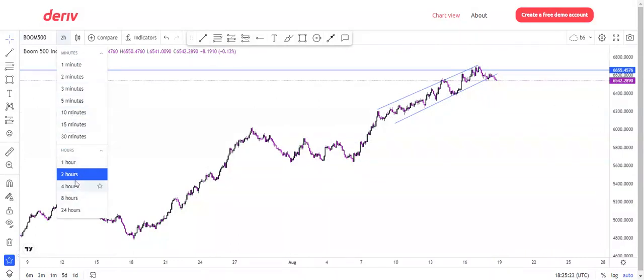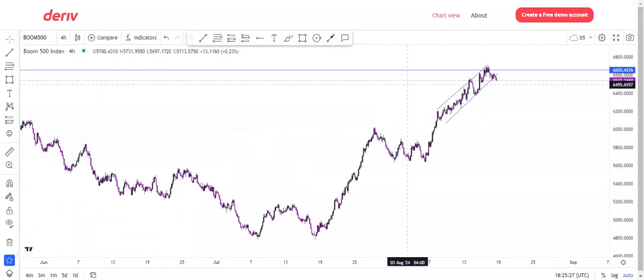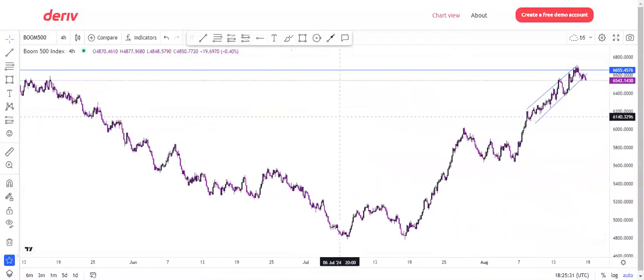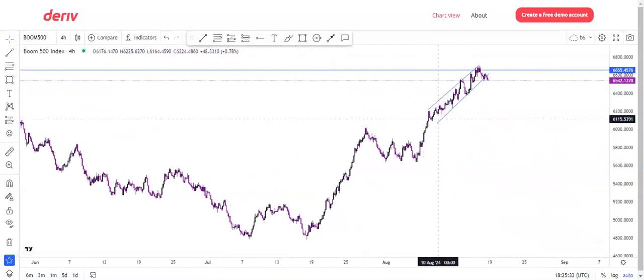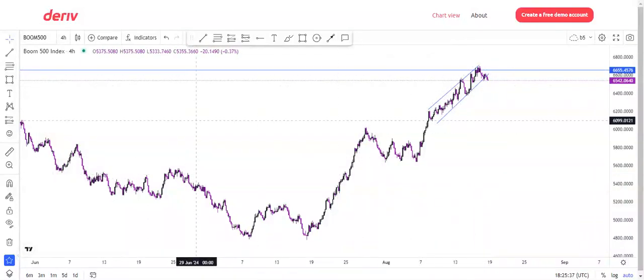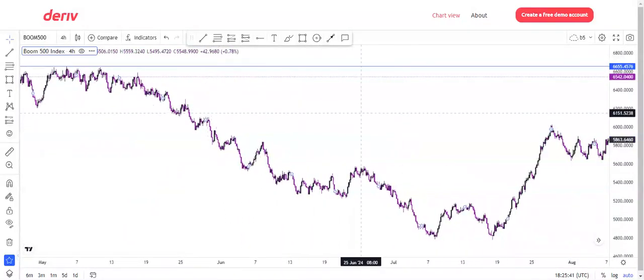Let's go on the 4 hours so that you can see it. This is usually a nice reversal pattern, especially when it goes to a POI.